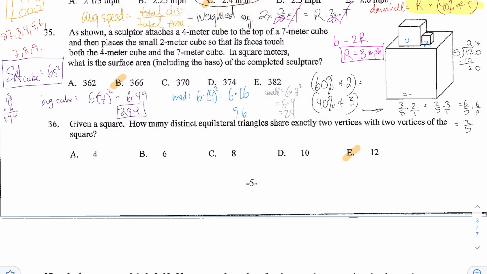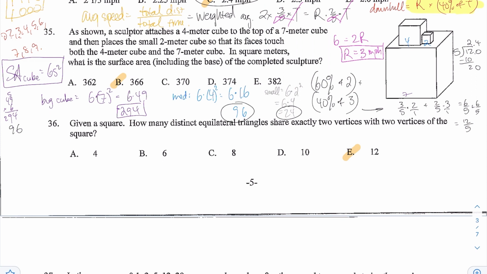So if you add 3 numbers up, you have 294 plus 96 plus 24. You have 414. But some of the square gets covered up, so you're going to have to subtract that.